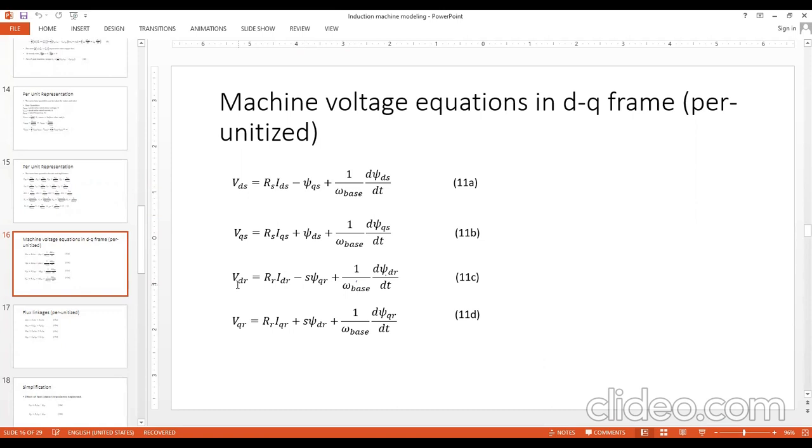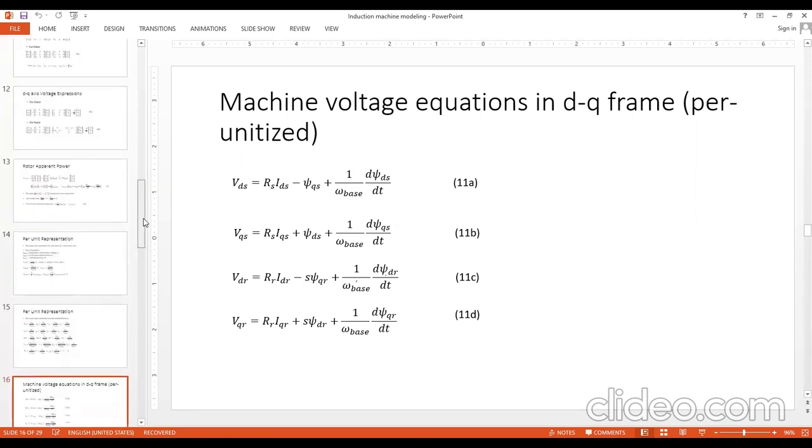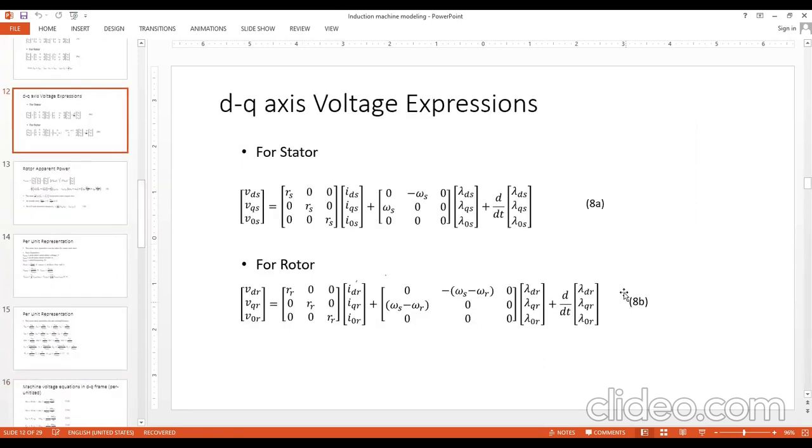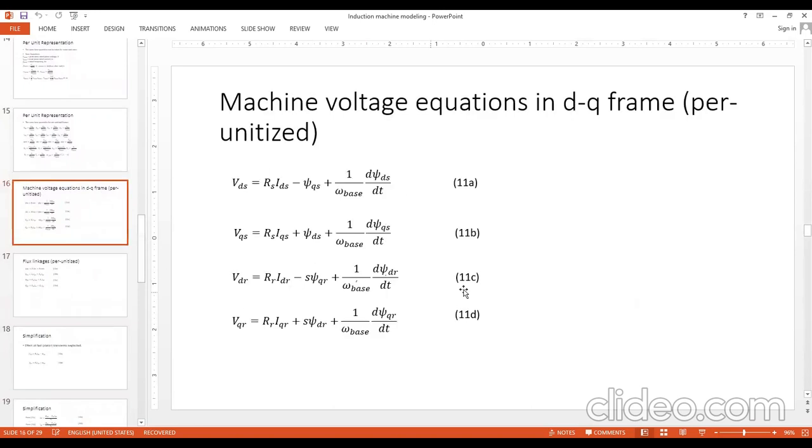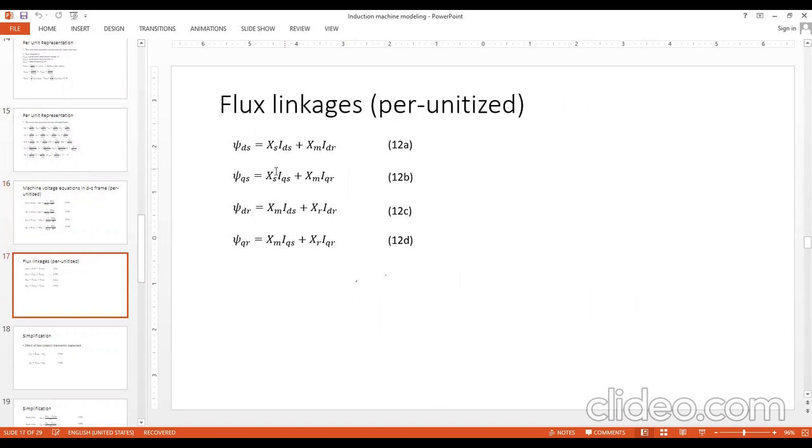Similarly, for the rotor voltages VDR and VQR, we can take help of equation 8b. This is in actual form, and in per unit form, you should get 11c and 11d. Then the flux linkages, similarly, psi ds, psi qs, psi dr, and psi qr.